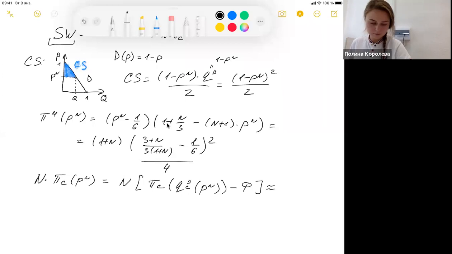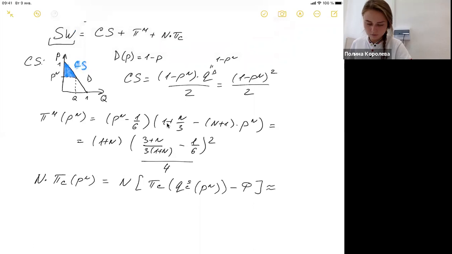And this is approximately, because our entry fee is approximately 0, when we put everything together, n multiplied by 1 over 2, (n minus 1/3) squared.